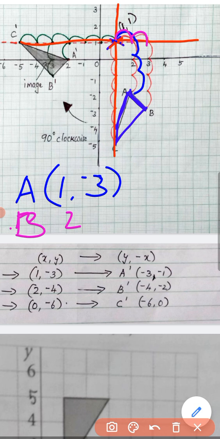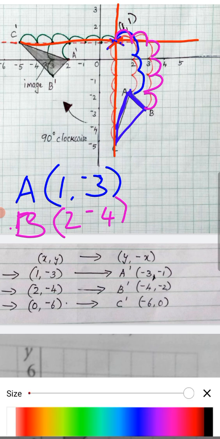And from here, 1, 2, 3, 4 units down. Down means negative y-axis. So B becomes (2, -4).